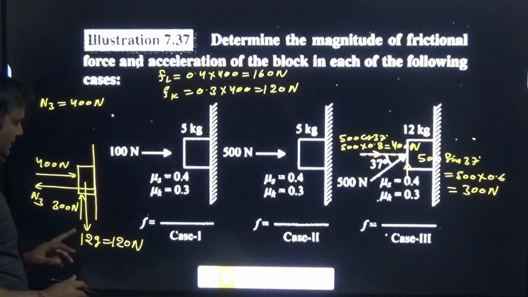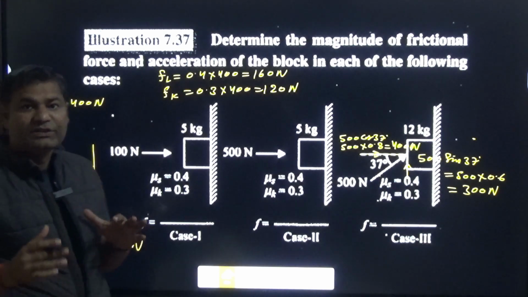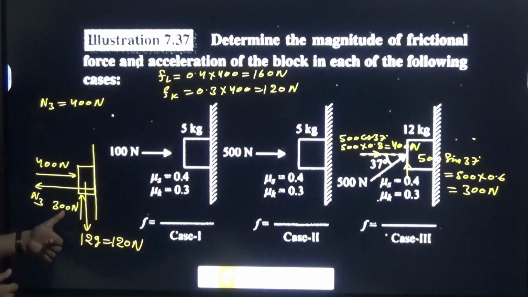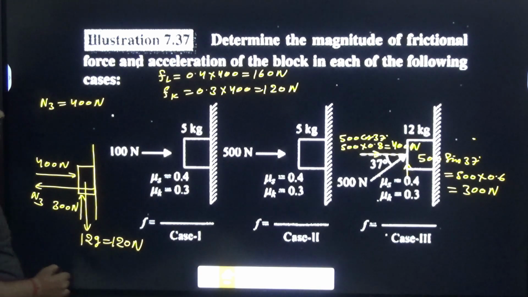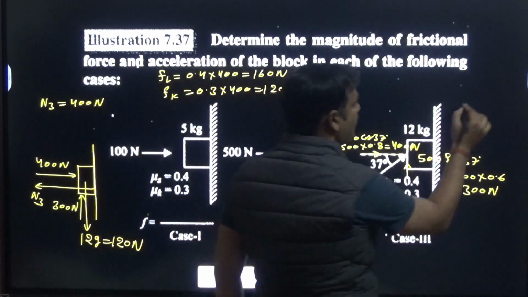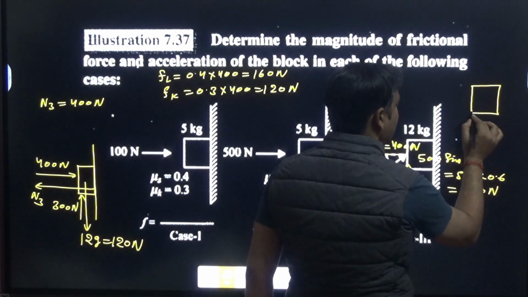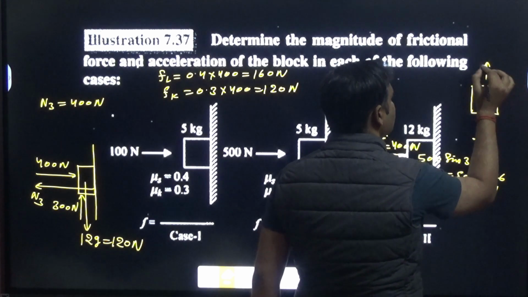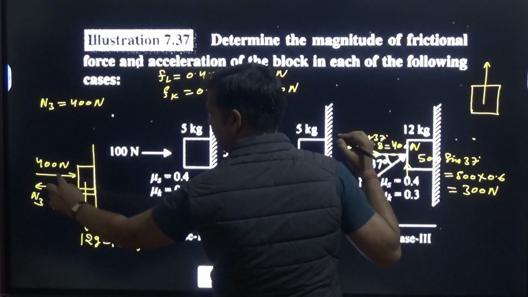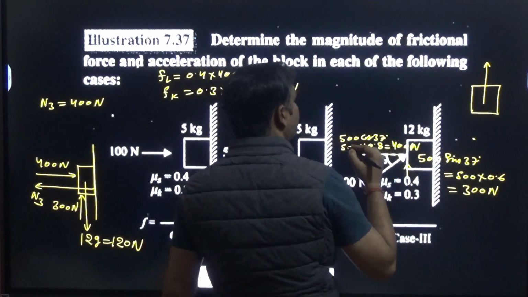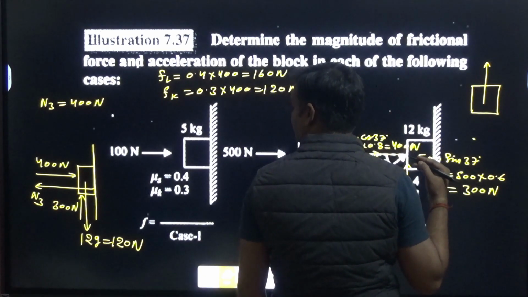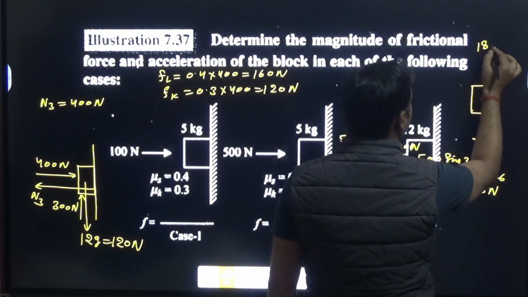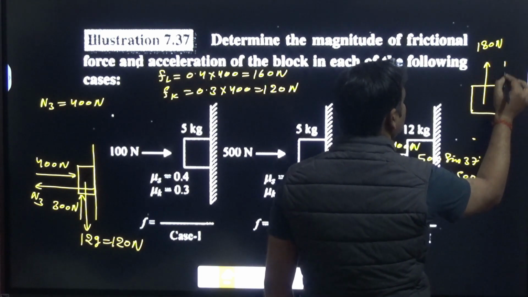First of all, decide the applied force direction. That is 300 upward, and that one is 120 downward. So the net applied force is 300 minus 120, so we got 180 Newton, in the applied force direction, like that one.